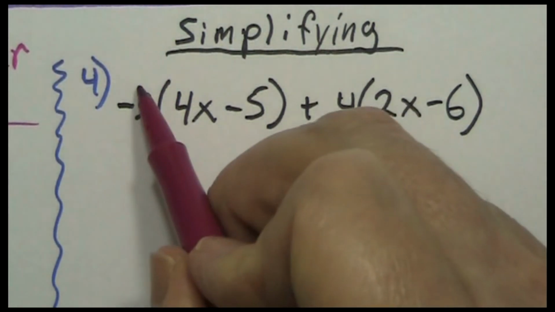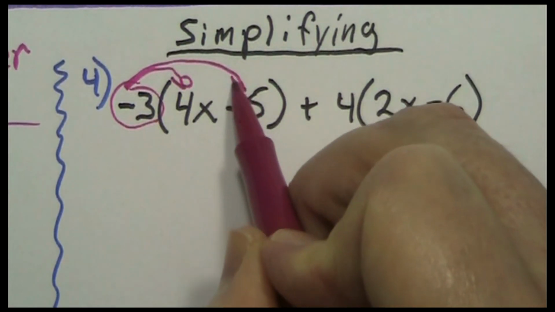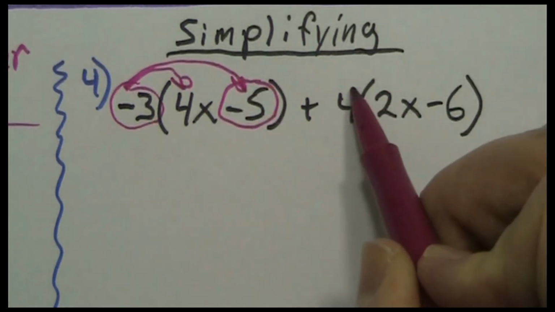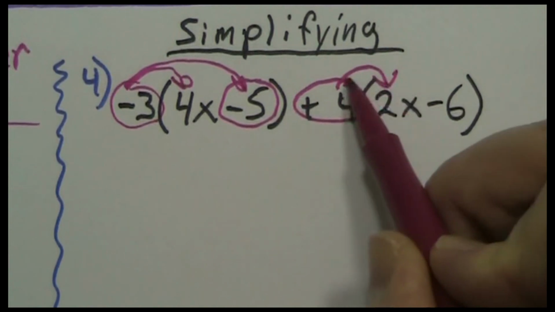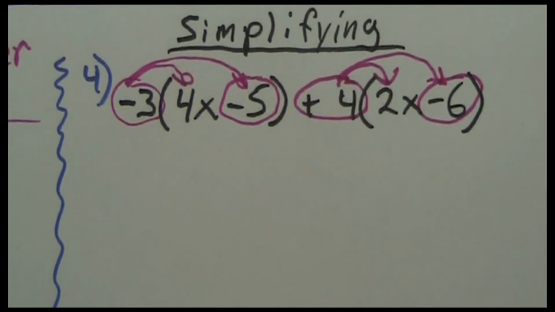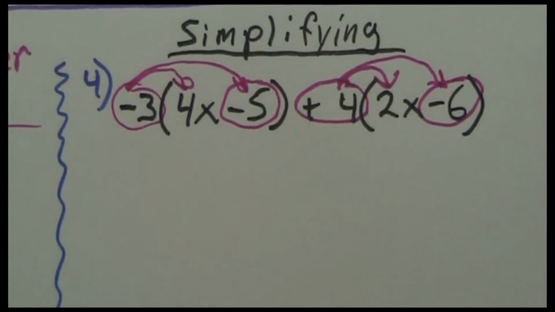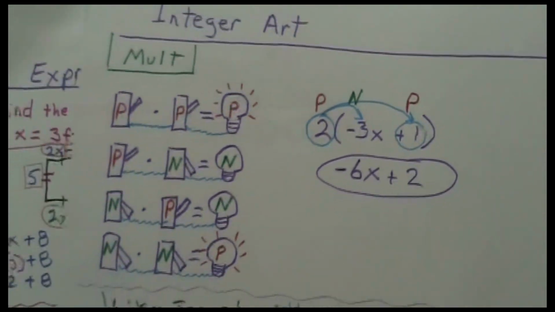So you're going to take the outside times each inside number. That's a -5. The outside, that's +4, times each one inside. That's a -6. And if you remember the rules for multiplying, you could think of the switches if you'd like to.